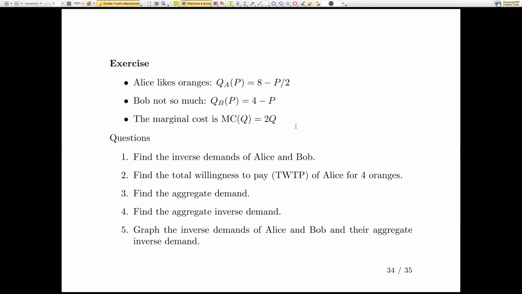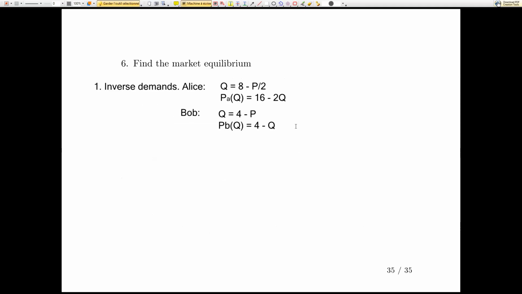Total willingness to pay for all the apples. And you assume that it's continuous, so you could buy fractional apples too. Yeah, number 6, the market equilibrium, we haven't seen it. We're going to see it next time, but I'm pretty sure you remember how you find it.